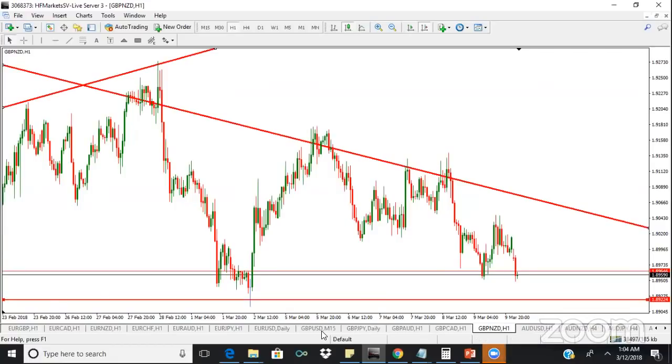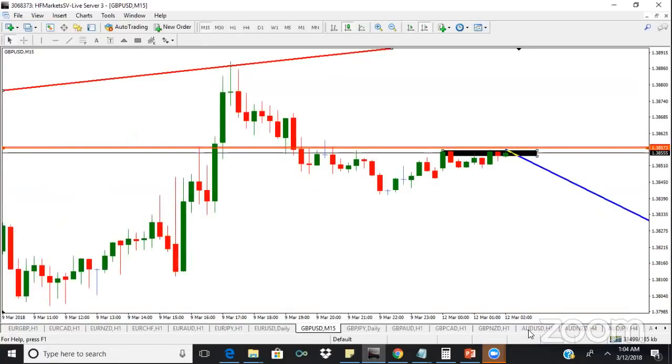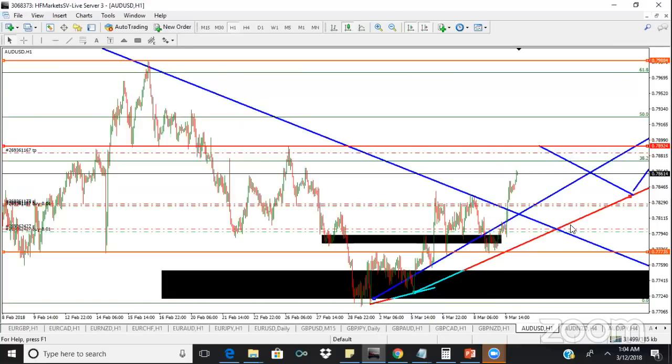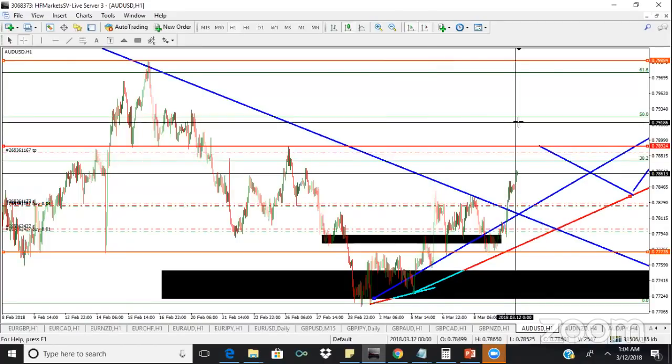So when it comes here and it breaks this place, that means I will add another position to join it from here. To join it from here to here, I had another position for AU. The same thing has happened to ASZD. Look, the red line has been broken. The sell trend line has been broken.